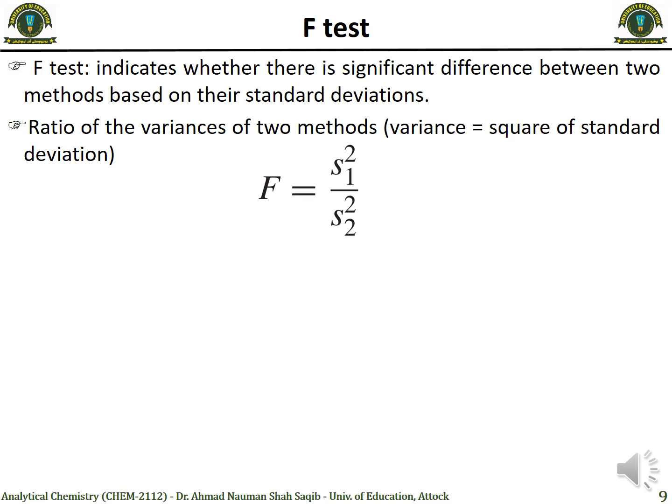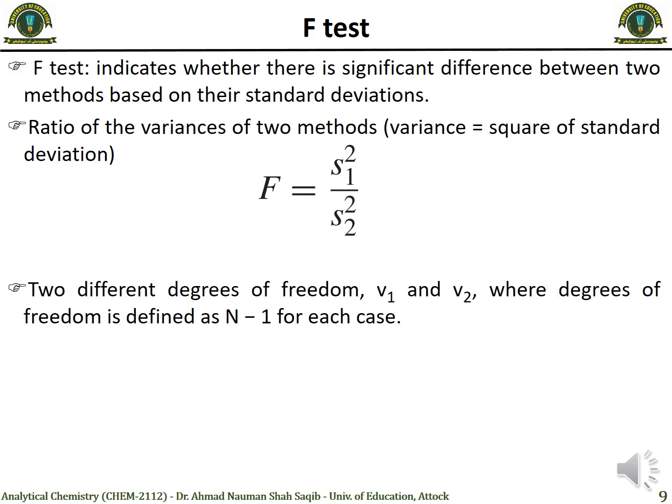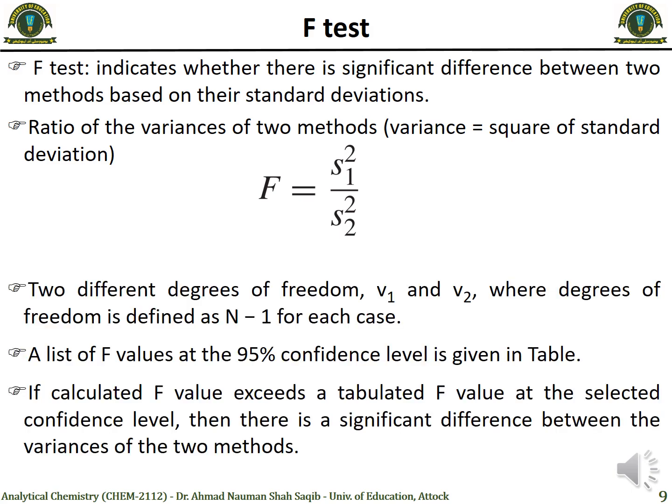So what happens next? What information do we get from this? When you are comparing 2 methods and you calculate the standard deviation, then in the F-test you take the ratio of their variances. Then we have a standard table, which we will show in the next slide, that gives you the F values at 95% confidence level.